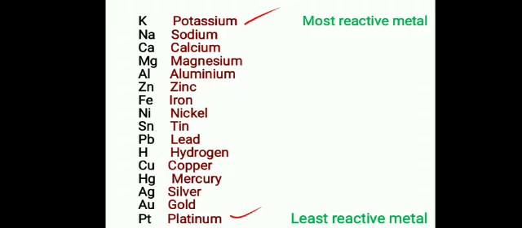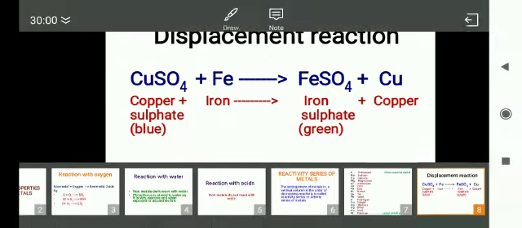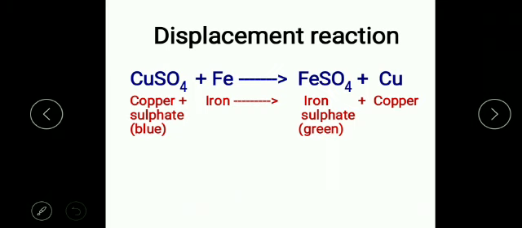Now with the help of this reactivity table we can explain the displacement reaction. Here is copper sulfate. When copper sulfate is reacted with iron, or when we put some iron nails in the copper sulfate solution, which is blue in color, then after some time we will get ferrous sulfate, which is light green in color.